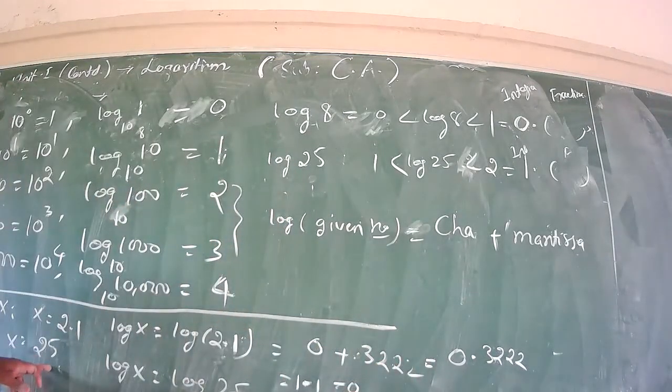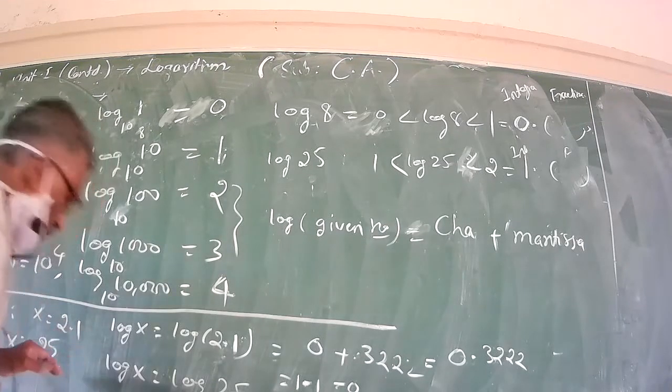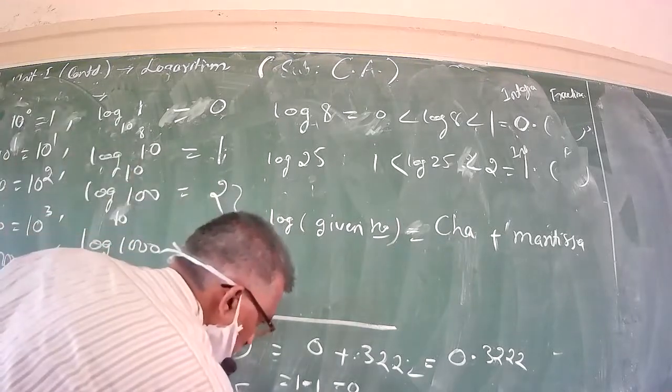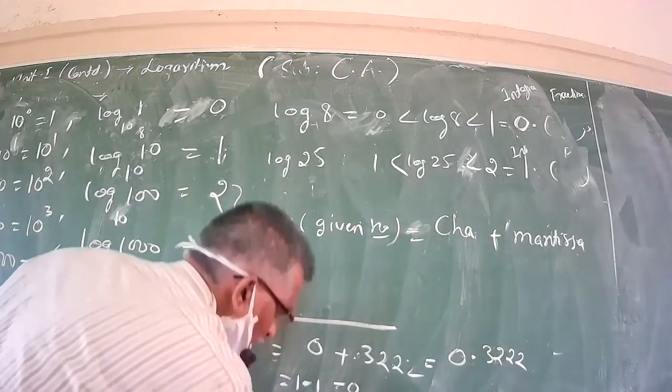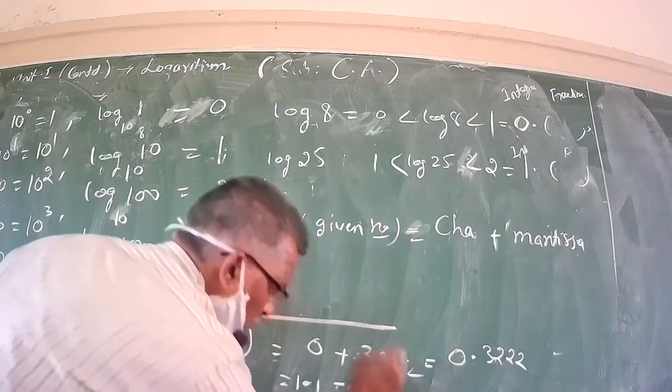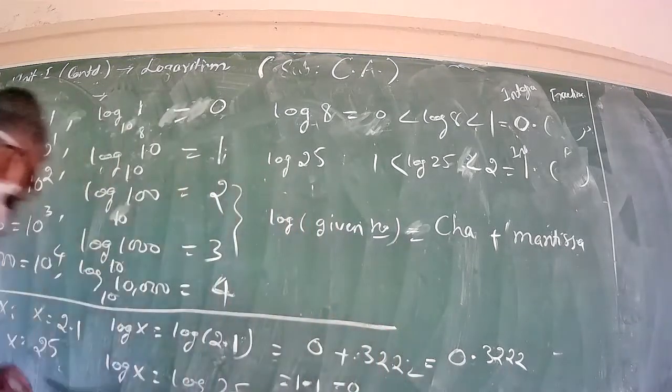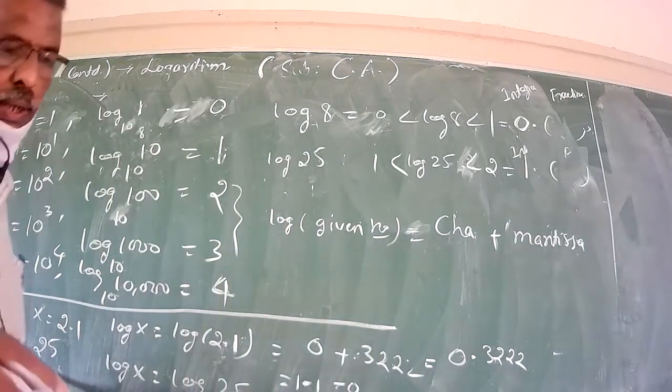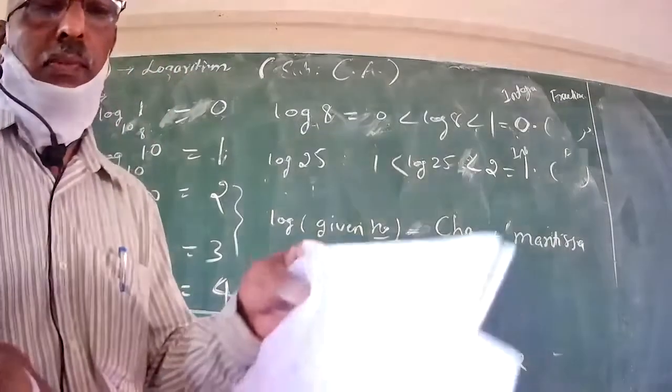To find the characteristic part, we count the number of digits. Here no decimal is there, so 25 is a round figure with two digits. Two digits minus 1 gives a characteristic part of 1 plus something. Next is how to find the Mantissa part.